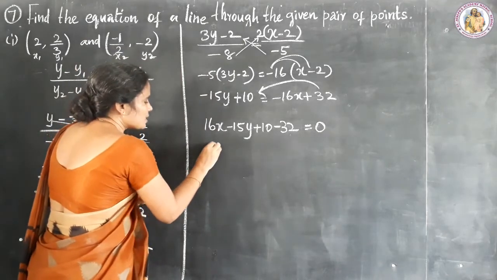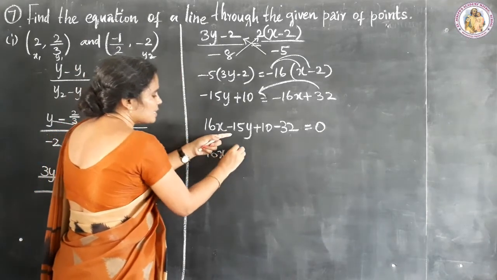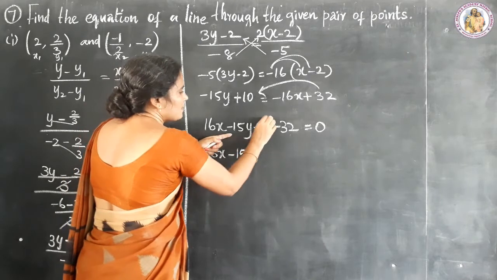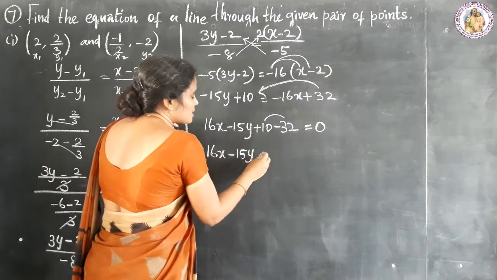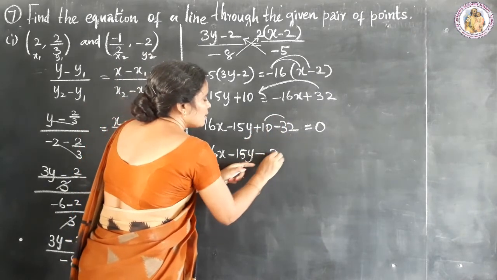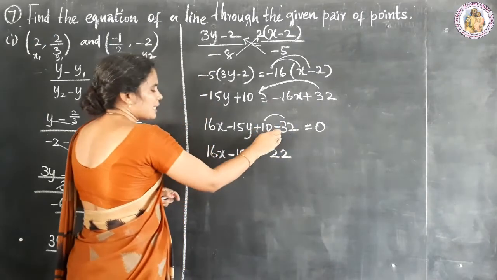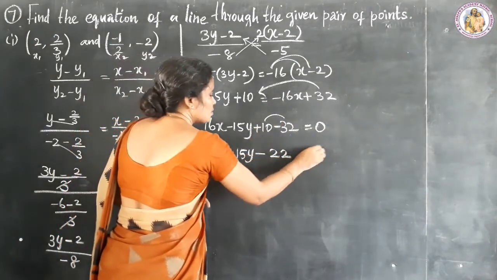Now 16x minus 15y, different sign, so 32 minus 10 is 22. So 32 is greater, minus 22 is equal to 0.